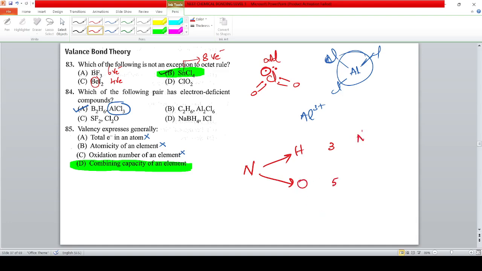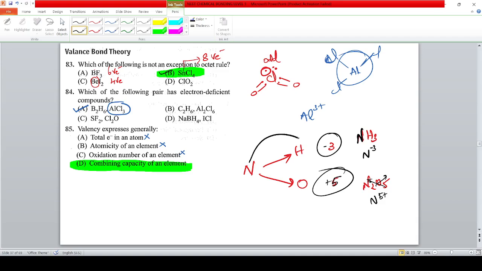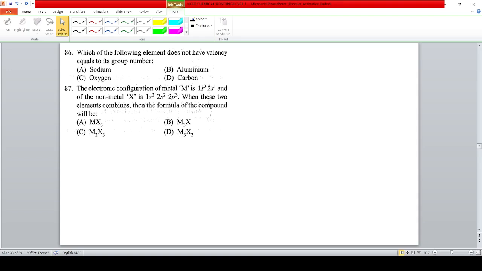How, sir? In this compound the charge is -3, and for the other, cross multiply: 5 and 2, so plus 5. So valency means how much it can combine with hydrogen and how much it can combine with oxygen. Valency means combining capacity.